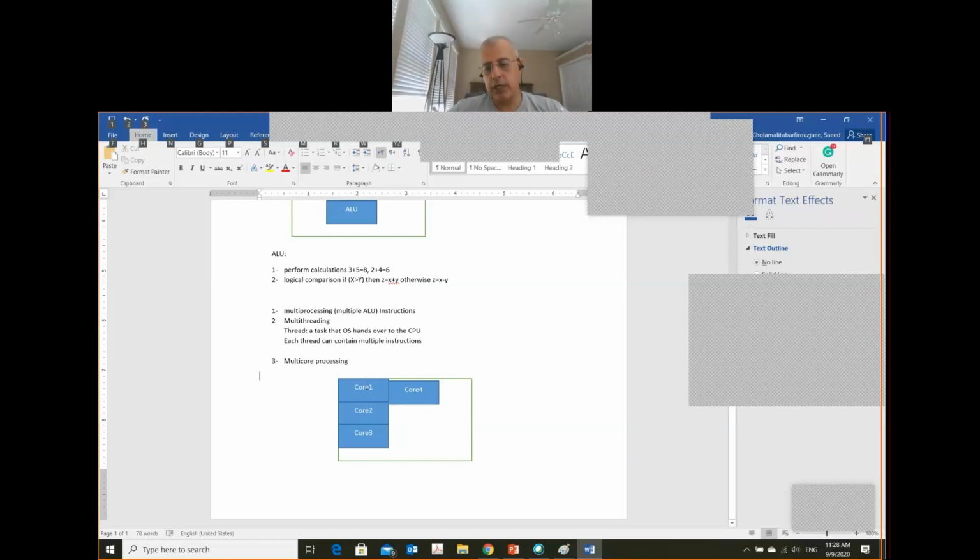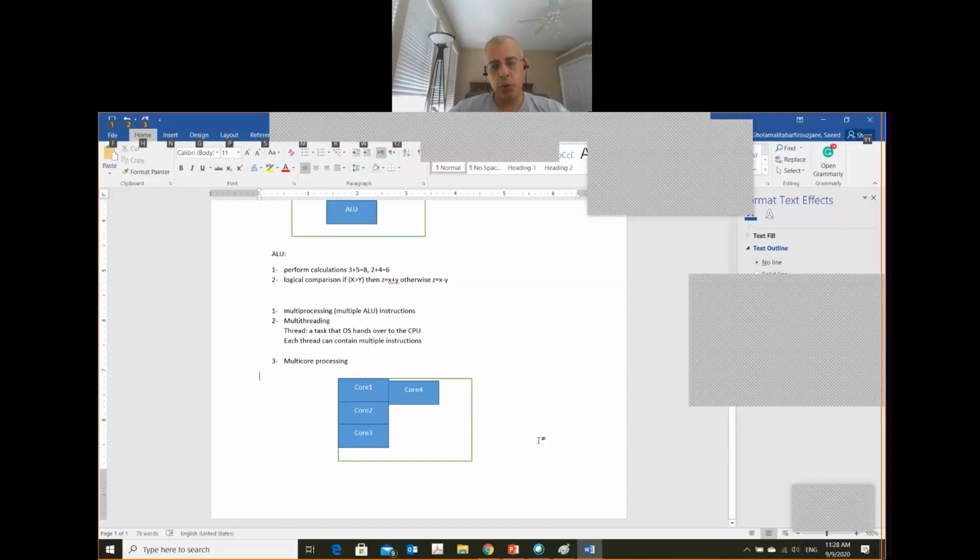Each core is a kind of logical processor inside one physical processor. In multi-core processing, we have one physical processor, but inside that physical processor, we have multiple logical processors called cores. So we have single core, double core, triple, four, and also 8 cores.